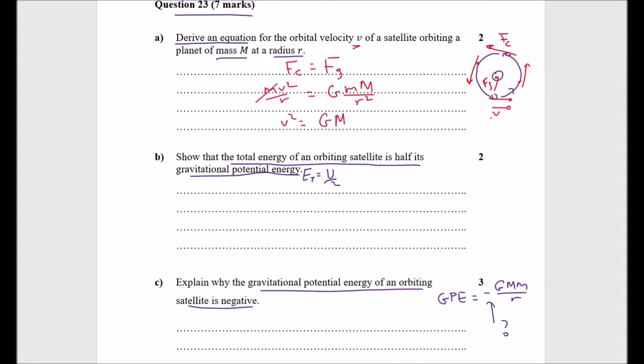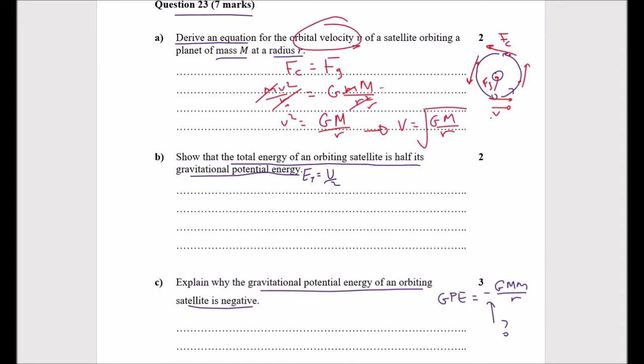This big M and this little m cancel each other out. When I move this little r over to this side, it will also cancel out with this one. So I'm left with GM over r. If I simplify that further, I find that v equals the square root of GM over r, and that is your orbital velocity there.